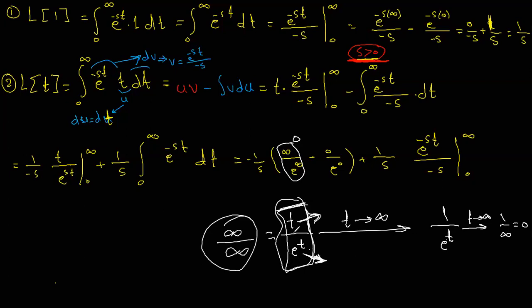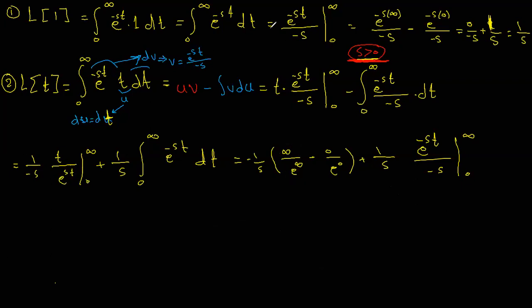Who will arrive to infinity first? The numerator or denominator? The exponential function e to the t is very fast, so it will arrive to infinity first. So my denominator will be infinity first, so my answer is 0. Okay, or you can find this limit using the L'Hopital rule.